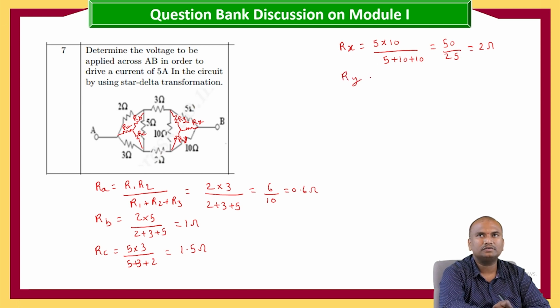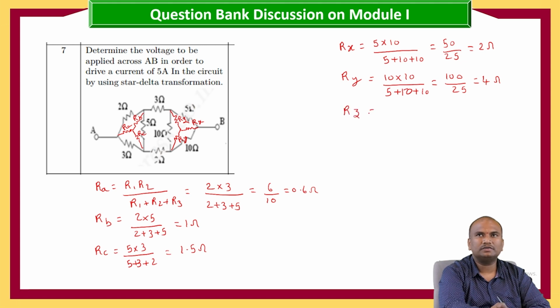Ry is equal to 10 into 10 by 5 plus 5, 10 plus 10, which is equal to 100 by 25, 4 ohms.